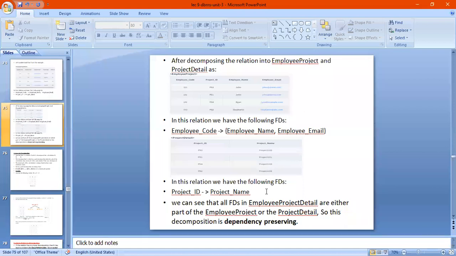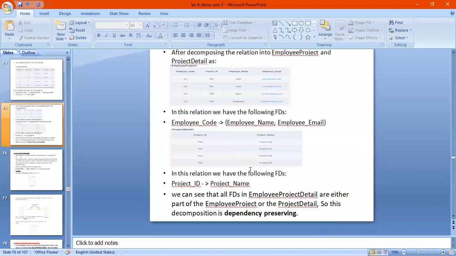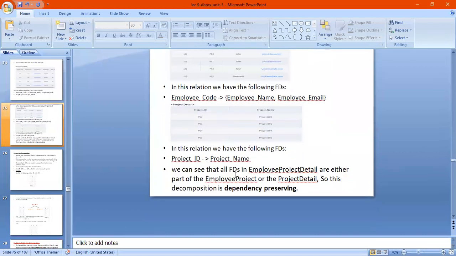In the other relation, project ID determines project name. Next, we can see that all functional dependencies in employee project detail are part of either employee project or project detail, so the decomposition is dependency preserving.